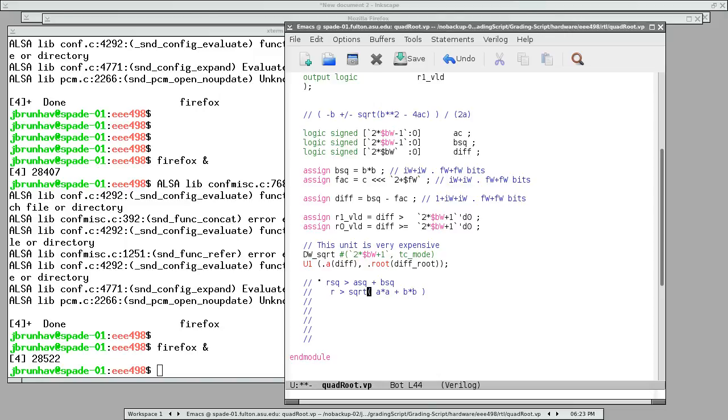This is kind of silly. You were much better off leaving it r times r is greater than a times a plus b times b, and then not do the square root, because you were going to save some math there.